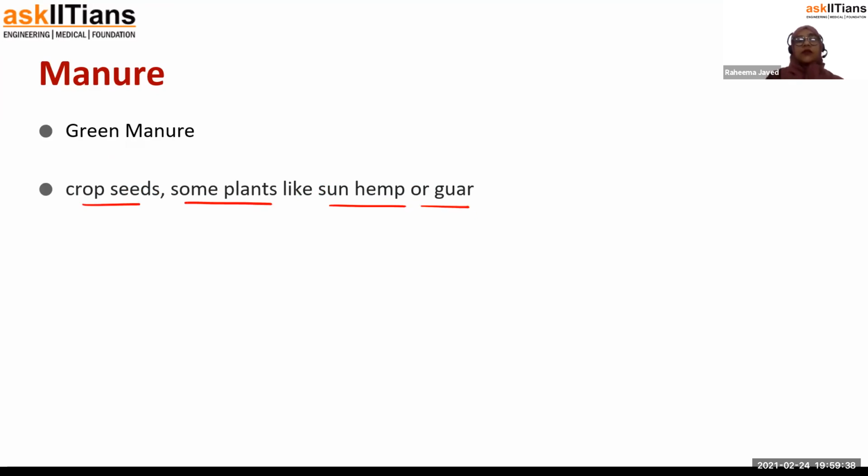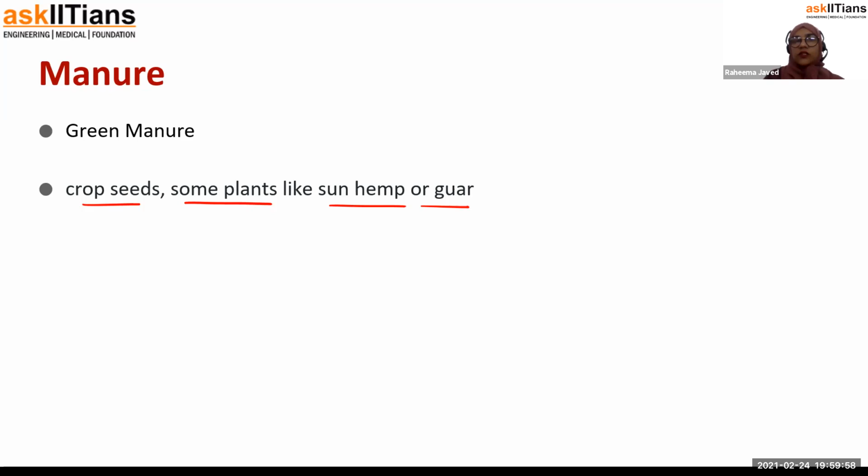So suppose in that particular soil the crops are supposed to be grown, so before the crops are grown, these plants like sun hemp and guar are grown, and after that they are mulched, and they are allowed to decompose in that same soil.